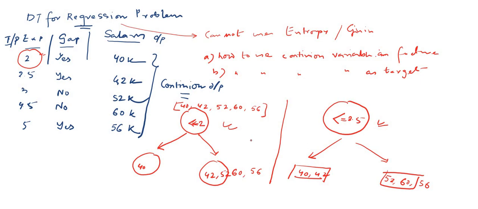And how we'll do it is by what is called variance reduction. This is the part we will learn more thoroughly in today's class.